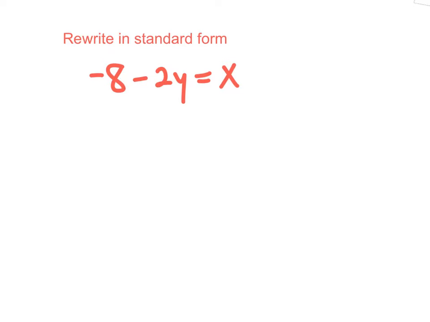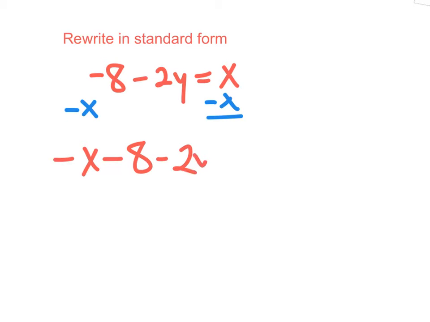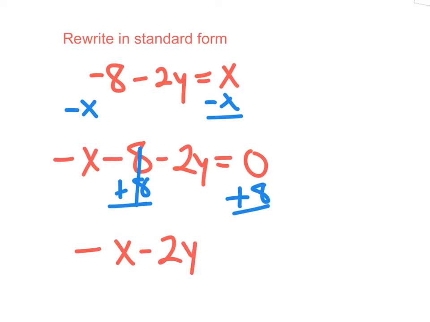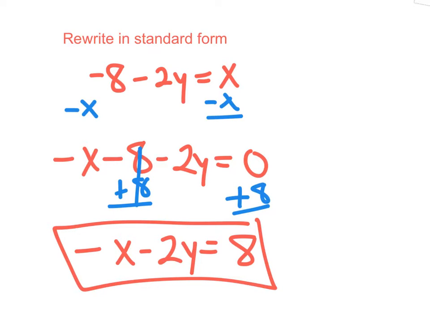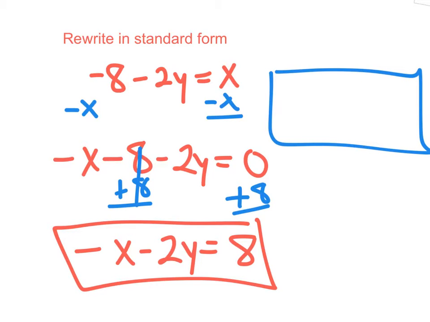So I would subtract x, you'd have negative x minus 8 minus 2y equals 0, and then I would move the 8 over by adding 8, you'd have negative x minus 2y equals 8, and that's an acceptable answer. Again, some math teachers prefer the a value to be positive, so another answer that would be good is a positive x plus 2y equals negative 8. So that's another type of question that you could have on tomorrow's quiz.